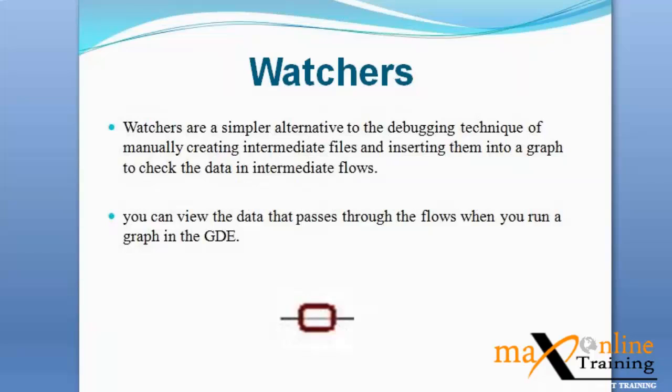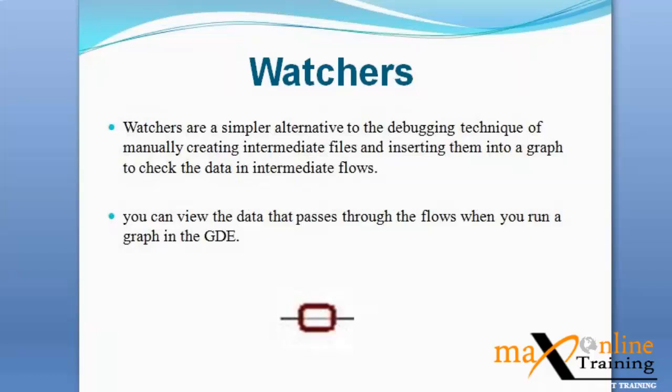Okay. So remember the graph which we discussed, it has an input file, reformat or sort component, and then output file. We can see the data in the input file, we can see the data in the output file, but we will not be able to see the data between rollup and sort, or reformat and sort, whatever the case.